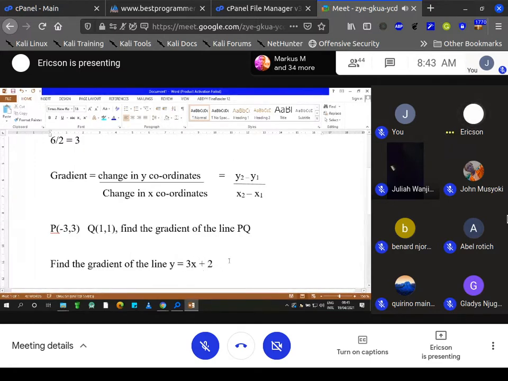Find the gradient of y equals 3x plus 2.